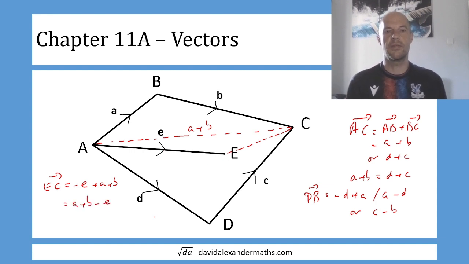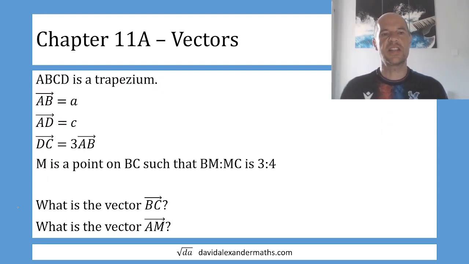Of course I could go negative e plus d plus c, that would work as well. Anyway, so now we could label that vector a plus b take away e, or as I said, d plus c take away e.